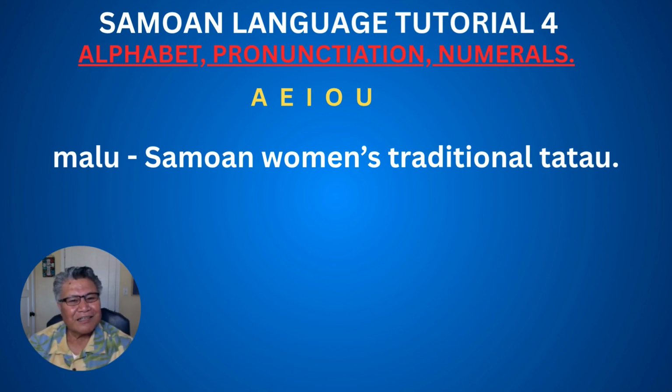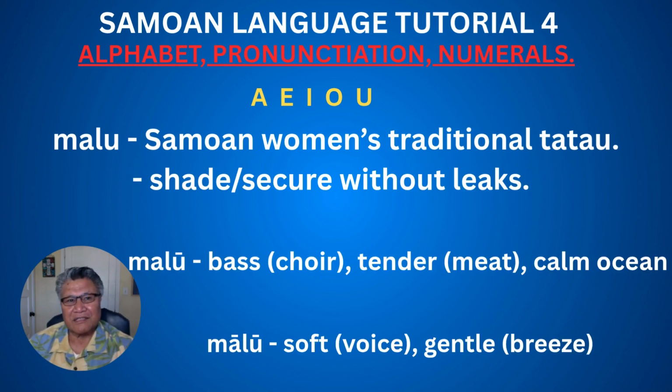So the A has more emphasis, and the U is almost not heard, although there are exceptions. So malu, yeah, that's the loincloth. Now let's put the emphasis on the U, and then the word becomes malú. And malú is bass in the choir.